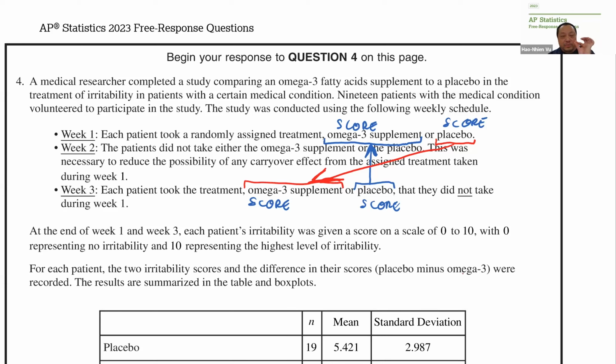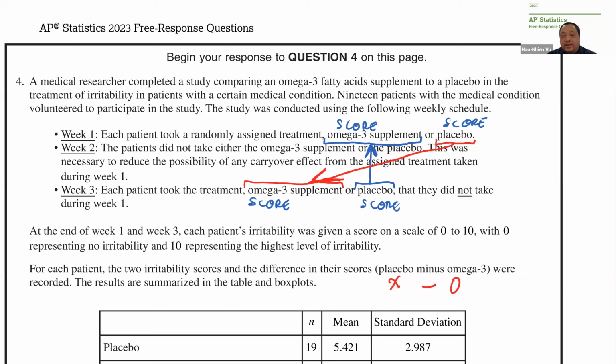If everything works perfectly, then the placebo has no effect, and the omega-3 totally cures the person of irritability. That means with the placebo, the score will be whatever it is, let's call it X, some positive X. But with omega-3, assuming it works perfectly, it should go all the way down to 0.